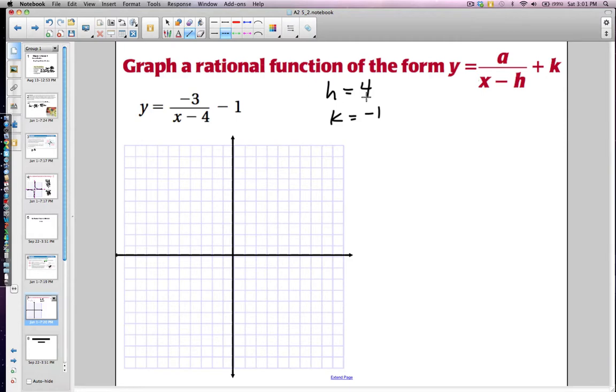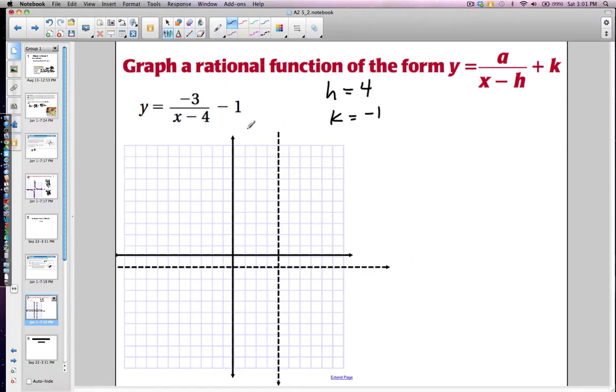H is equal to 4, so that would be x is equal to 1, 2, 3, 4. x is equal to h, there's one asymptote. Y is equal to k, so y is equal to -1. So these are my asymptotes. So I have x equals 4, and I have y is equal to -1.